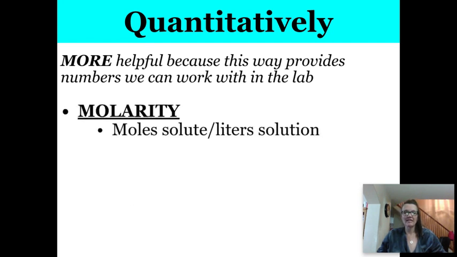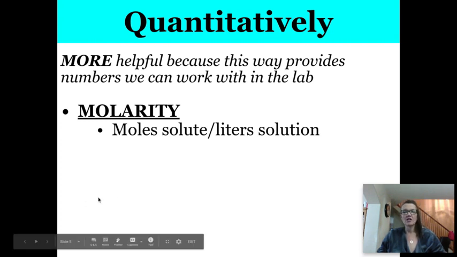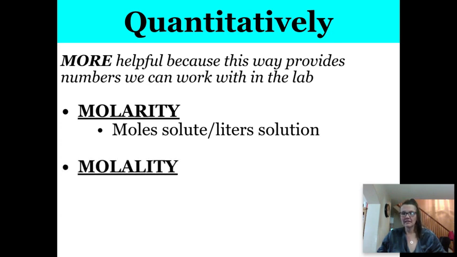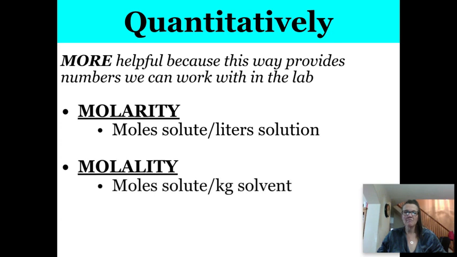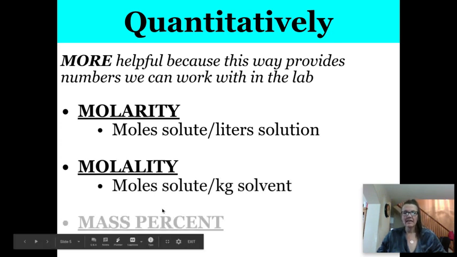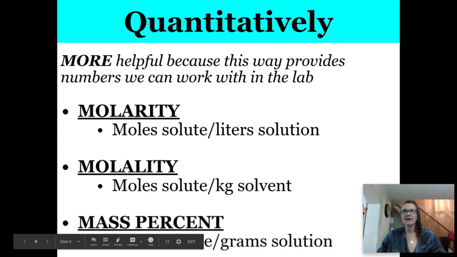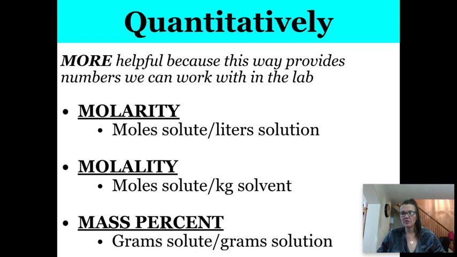Remember that molarity is equal to the moles of solute per liters of solution. Today, I want to talk to you about molality and also mass percent. Molality is the moles of solute per kilograms of solvent, and mass percent is the grams of solute, the stuff that's dissolved, per grams of solution.